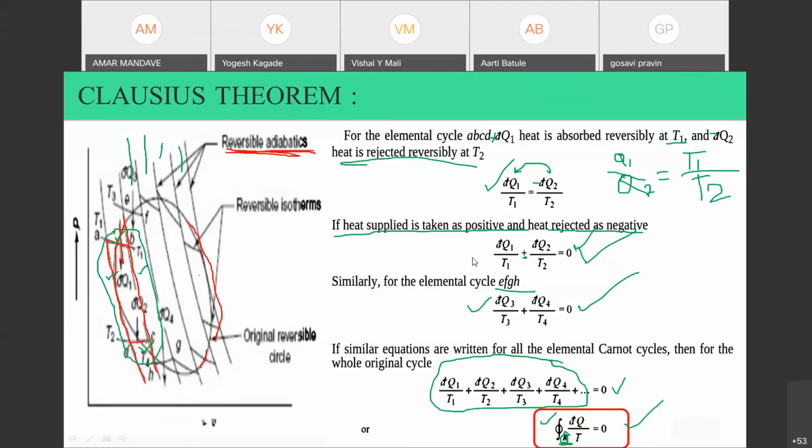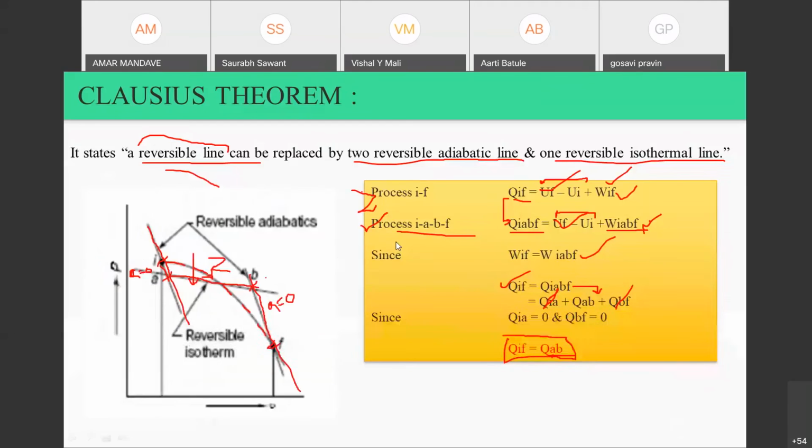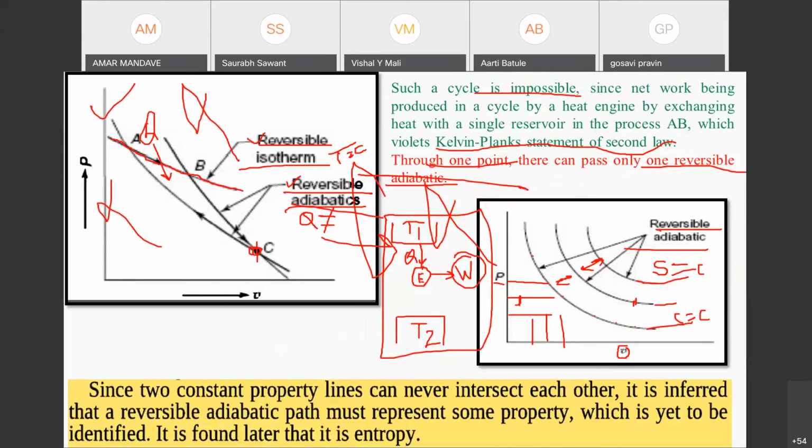Yes, sir. Which page do you want me to explain again? Sir, adiabatic and isothermal reversible process. Just this one? No, sir, the one back. Or this one? Yes, sir, yes.